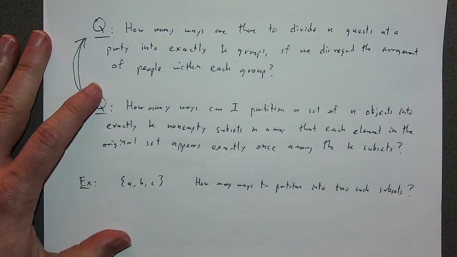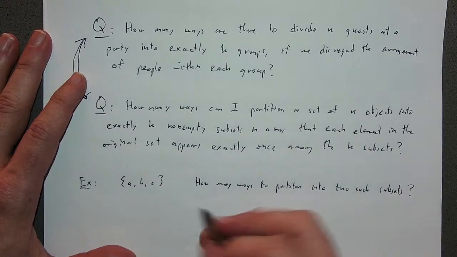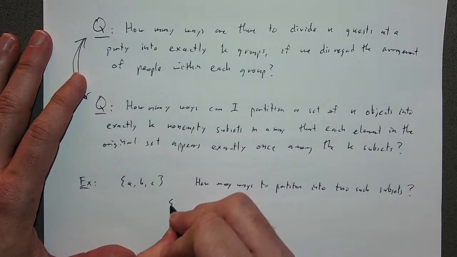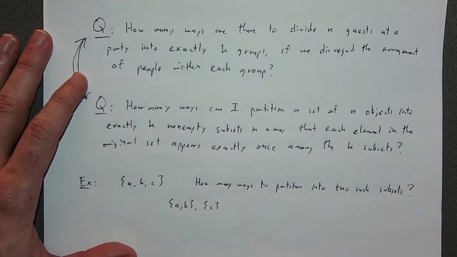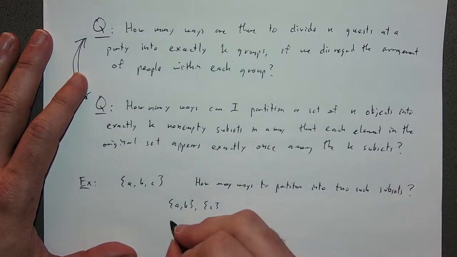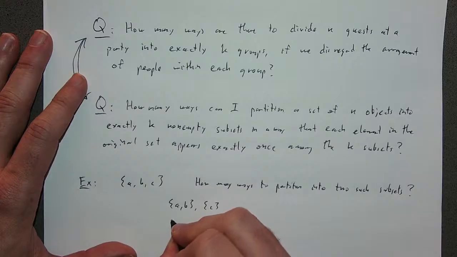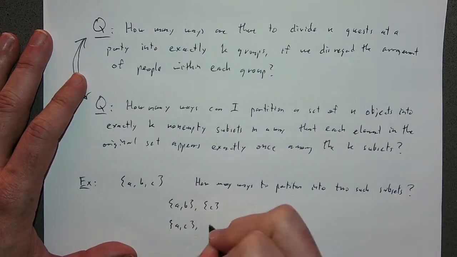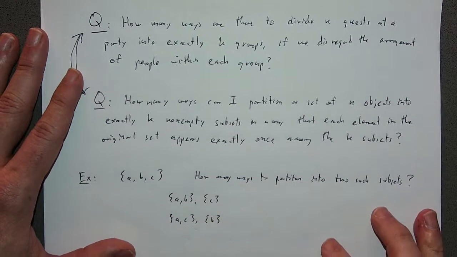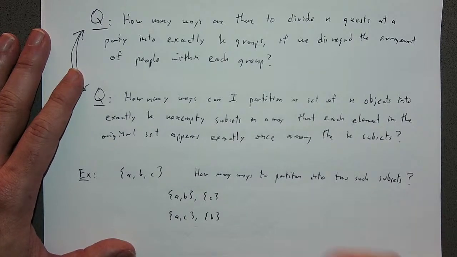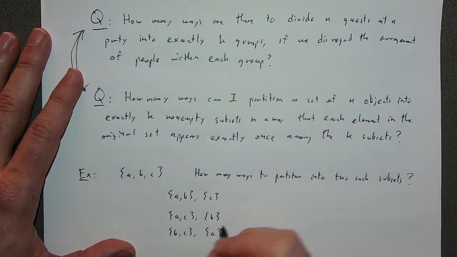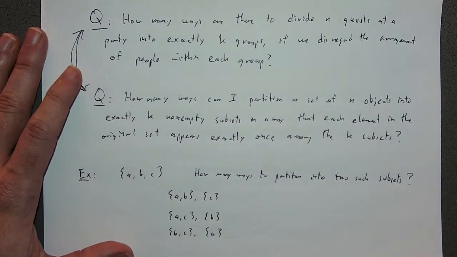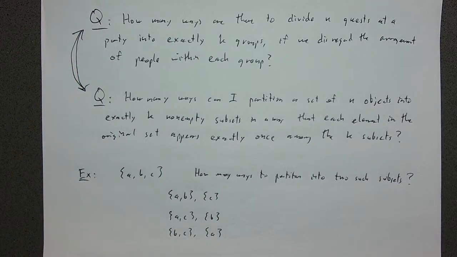Well, I could do the subset A B and then put C by itself. I could do A and C together and then put B by itself. I could do B and C together and put A by itself. And that's really it.